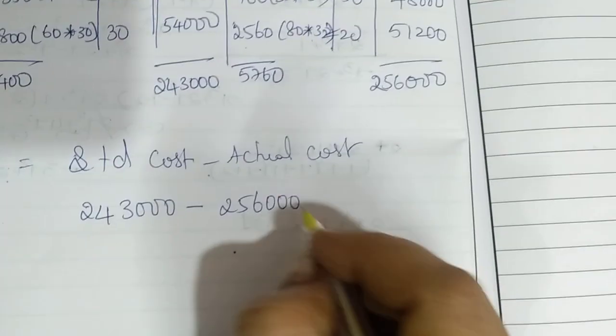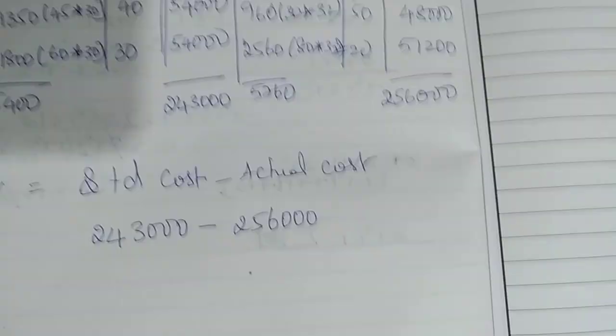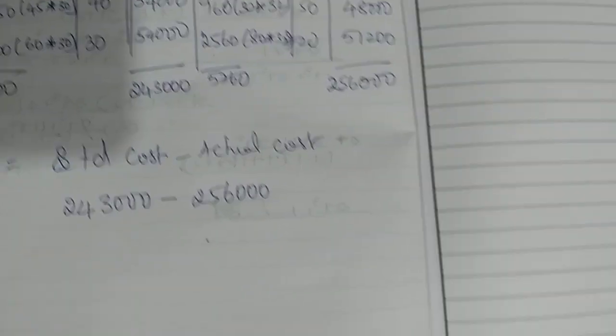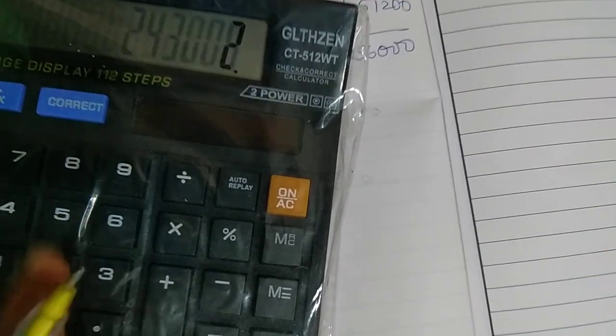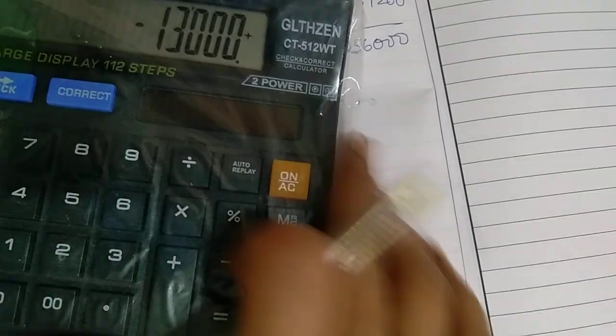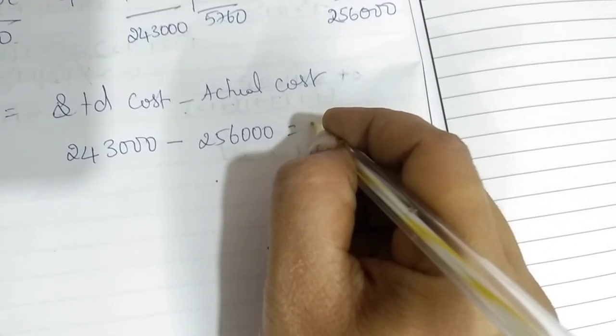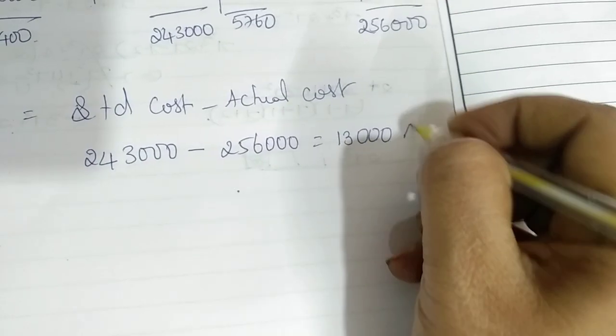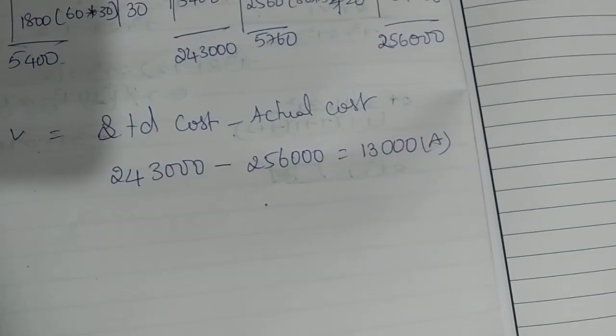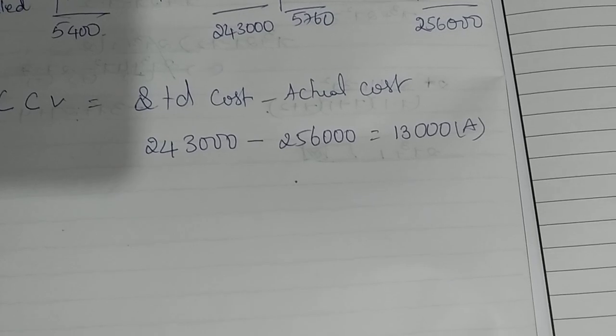When I do this, I'm going to get minus 13. So this is nothing but 13,000 adverse. This is how I'm going to do it.